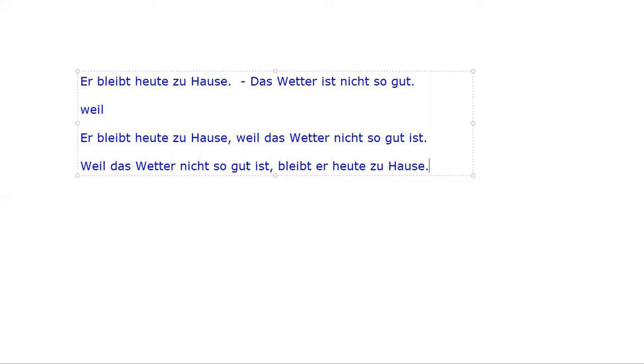And this is really important: in the subclause, your bleibt, I can put a little box around it very quickly, is in second position. Whereas here, the bleibt is also in second position.